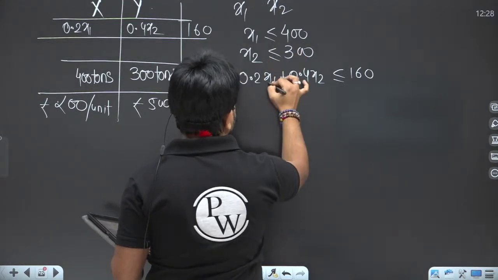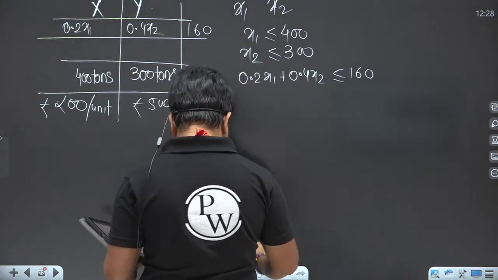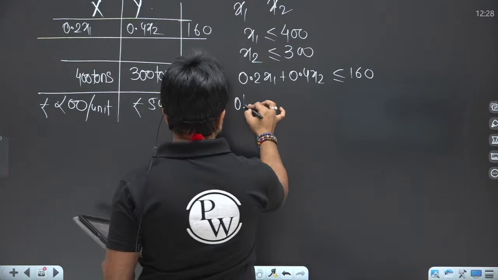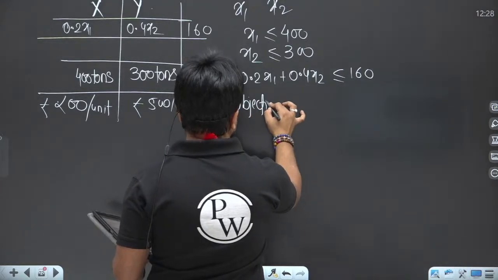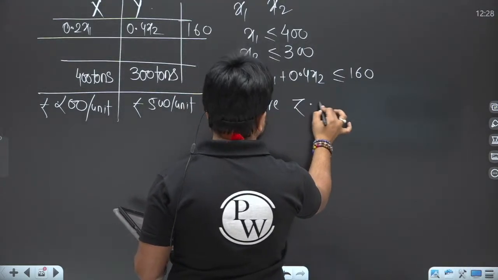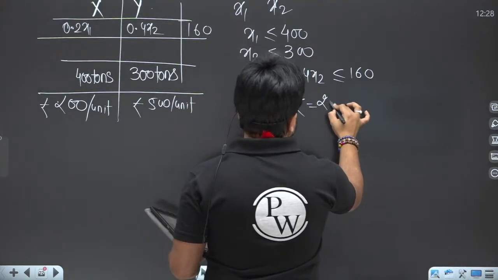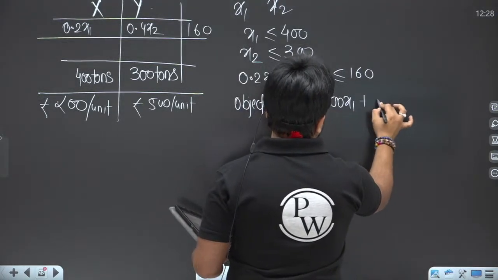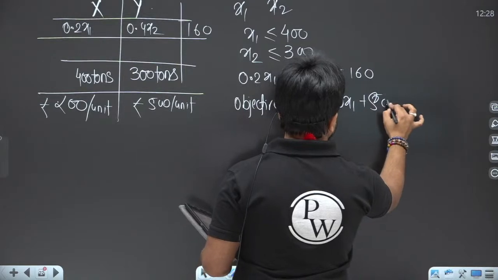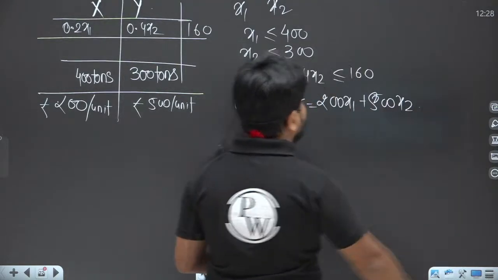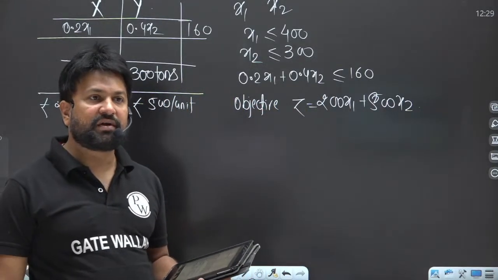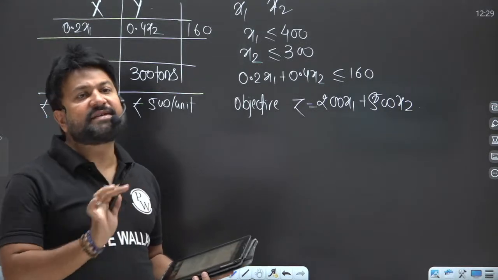So this is the constraint equation. What is the objective equation here? The objective equation is Z equal to 200 x1 plus 500 x2. Clear now?